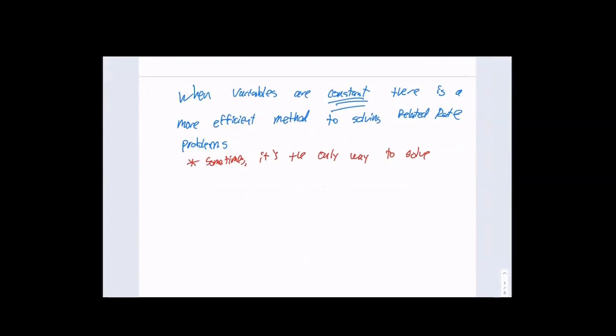So this next method is a more efficient way of doing the same problem. If a variable is constant, plug into diagram and formula.